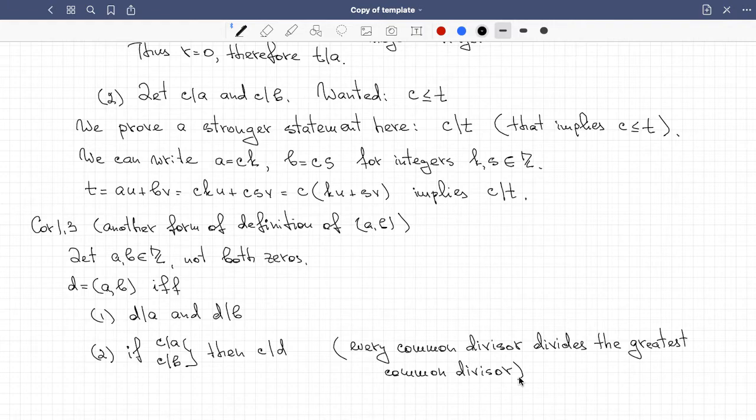So the first condition is the same, the second is altered. I suggest you to look up the proof of this corollary in the book.